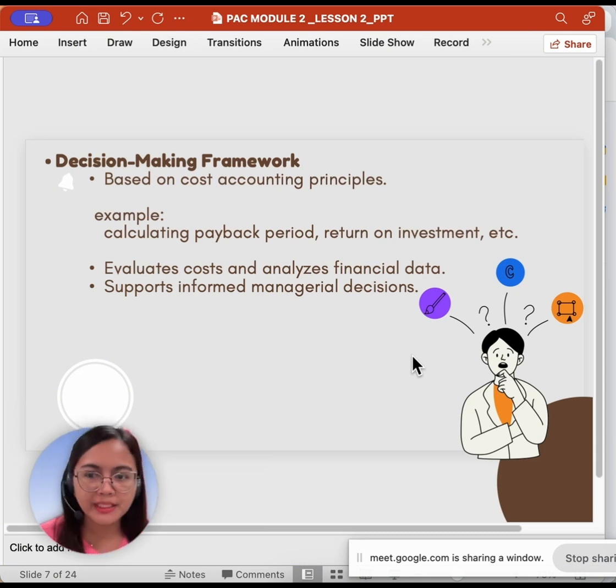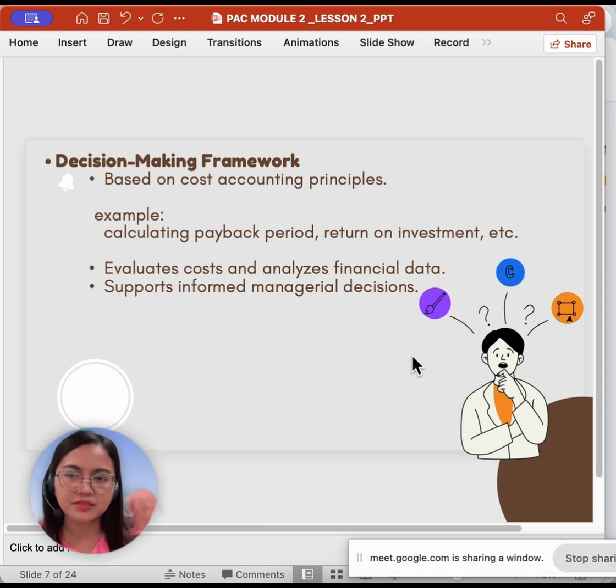Next would be the decision making framework. Based on cost accounting principles, for example, calculating payback period and return on investment, these are formulas related to the decision making framework. Later on, I think in module 2 lesson 3 we will have break-even analysis and computations. Those are related to decision making as well.